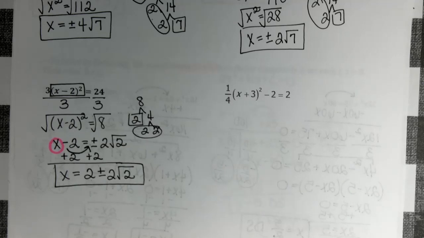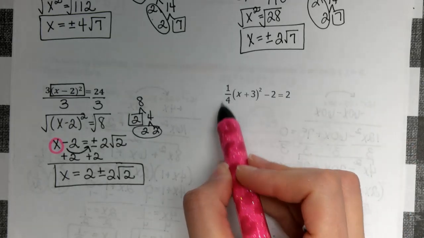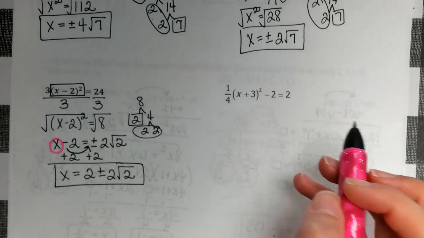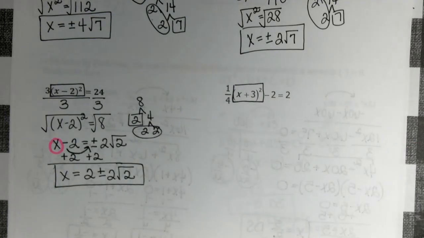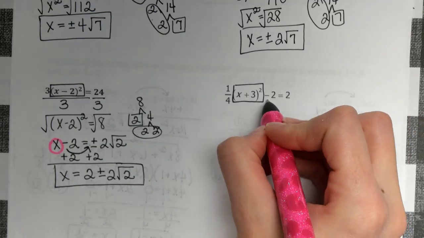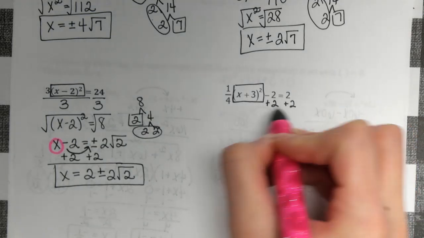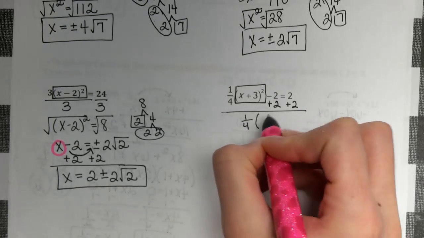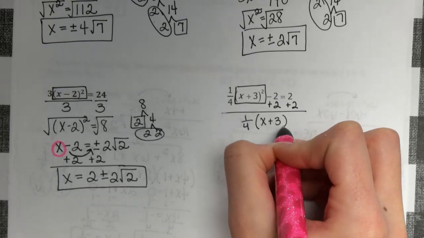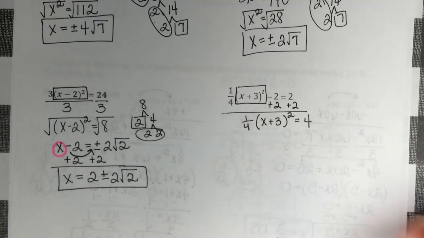Okay, so here, on this next one, 1/4 times x plus 3 squared minus 2 equals 2. I want the x plus 3 squared by itself. So I'm going to add 2. I always add or subtract before I multiply or divide. So 1/4 times x plus 3 squared equals 4.